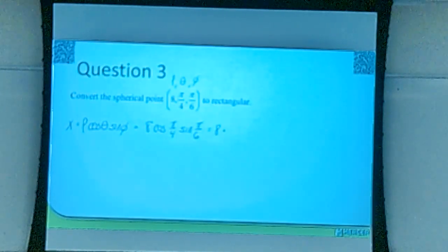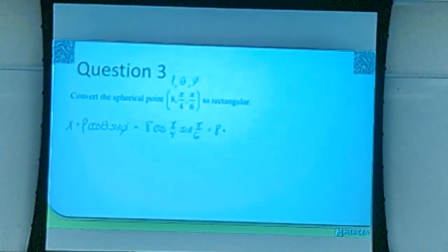What's cosine of pi over 4? Sorry, it's just a general question. What does it mean to convert a spherical point into a rectangular? You're given a point in spherical coordinates. You want that point in rectangular coordinates. Also, just converting it. What was cosine of pi over 4?